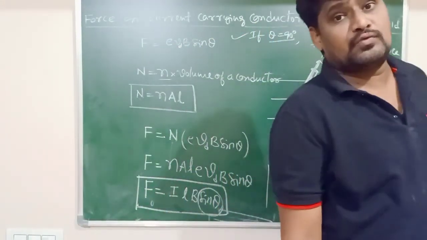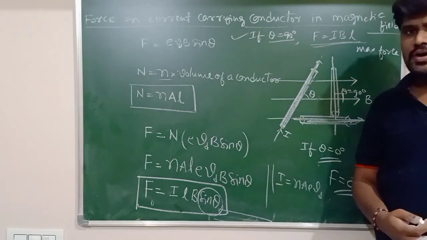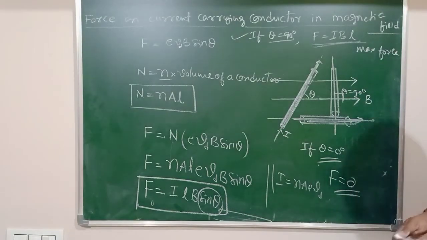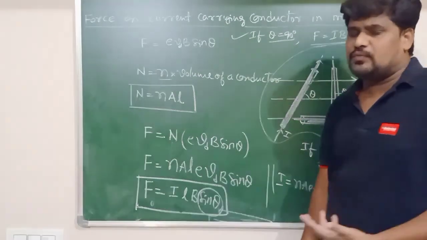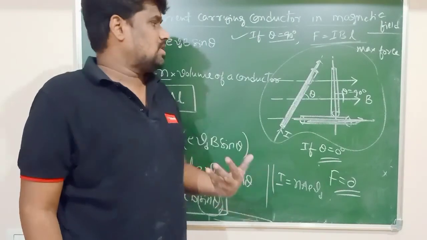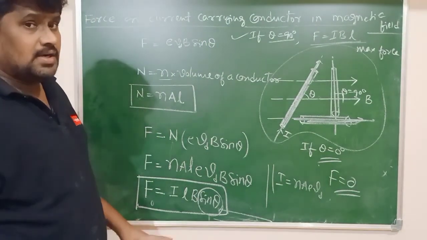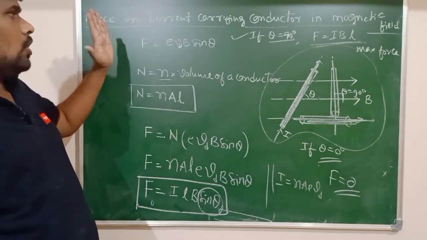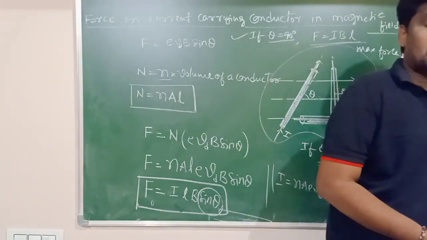Many times for 2 marks this question has been asked. Of course the derivation is important for 3 marks, but this question, that is when the force is maximum and when the force is minimum, is repeatedly asked in the examination for 2 marks. When does the force acting on a current carrying conductor become maximum and minimum?